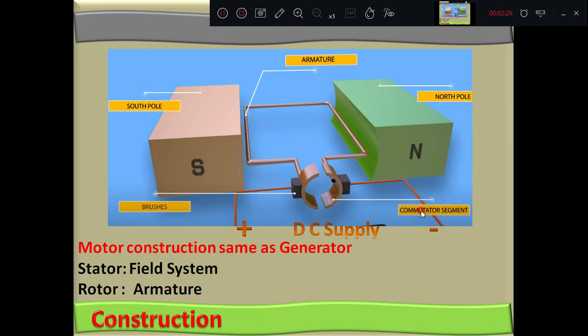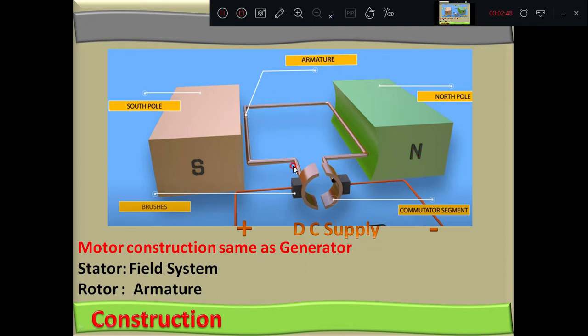That is, it has got a stator system. It consists of the magnetic field. Usually these are used as electromagnets, about N and S pole. Then it forms the stator. That is, the field system forms the stator. The objective of the stator is to produce the magnetic flux.